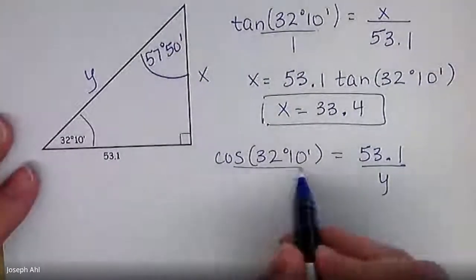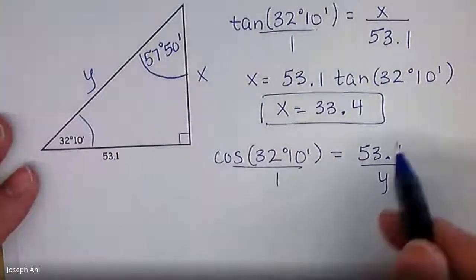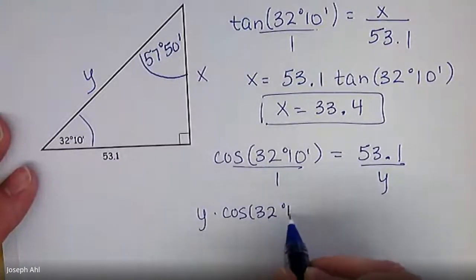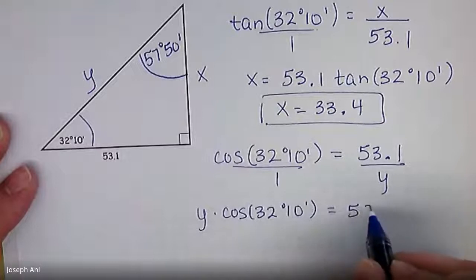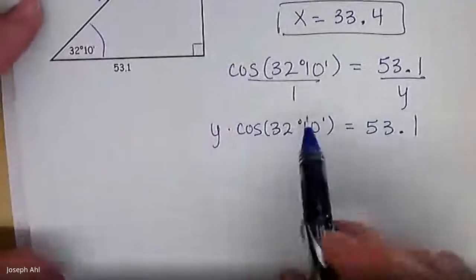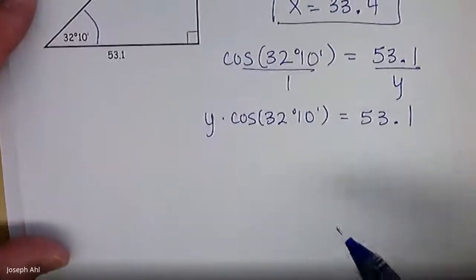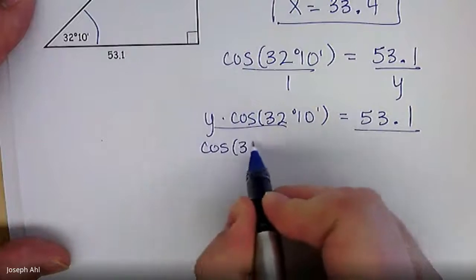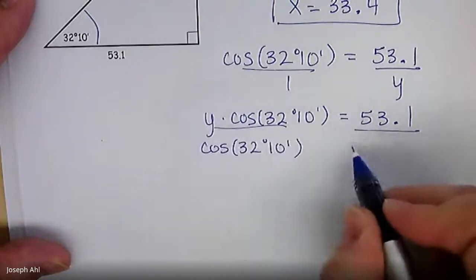Go ahead and put this over 1. Cross multiply. Okay, this is one where when you cross multiply, the value of y is not by itself right away. So we do have to divide in the end by cos of 32 degrees, 10 minutes to get y alone.